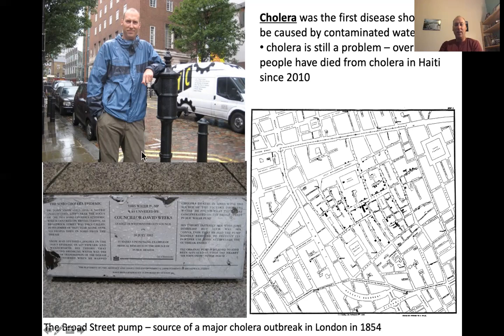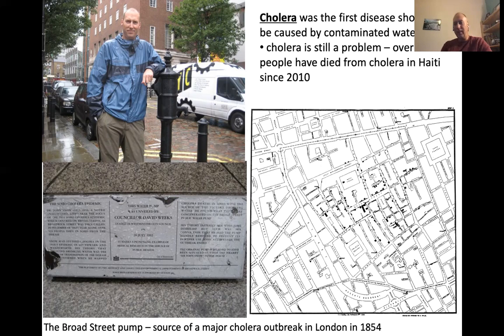So John Snow didn't have the advantage of being able to take water samples and show that they contained Vibrio cholerae, which is the cause of cholera. But he had the idea of removing the handle of this pump so that people couldn't get water from it anymore. He eventually convinced the local government to do that. The epidemic stopped, but in fact, it was already slowing down. So it's not really clear that removing the pump definitively proved that it was responsible for the cholera outbreak.